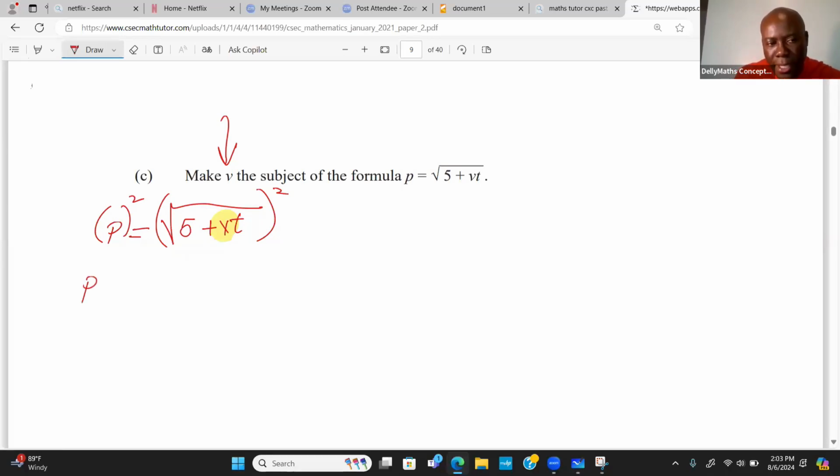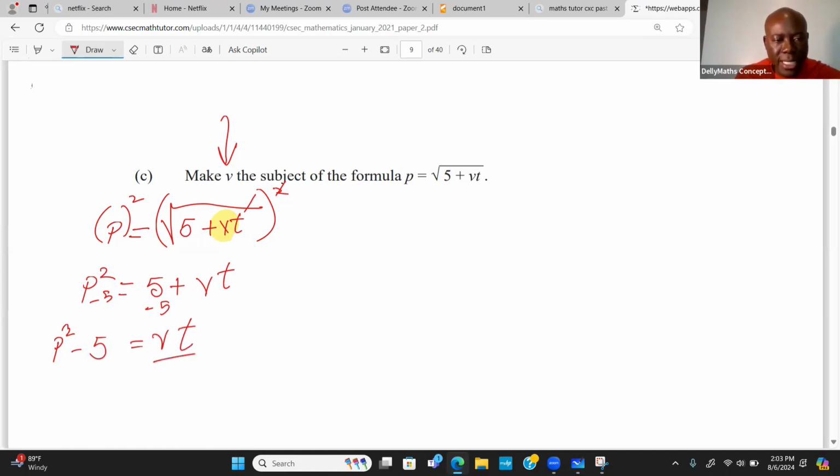On the left side, we're left with p squared, which is equal to, so the square and the square would have canceled, 5 plus vt. Then we're going to subtract 5 from both sides. So we have p squared minus 5 is equal to vt.